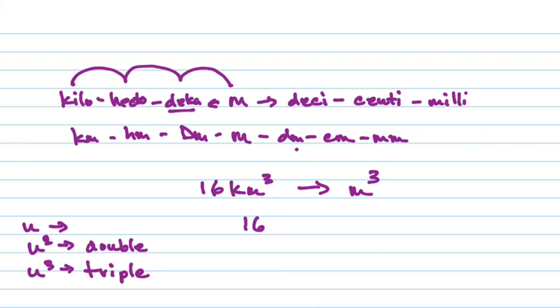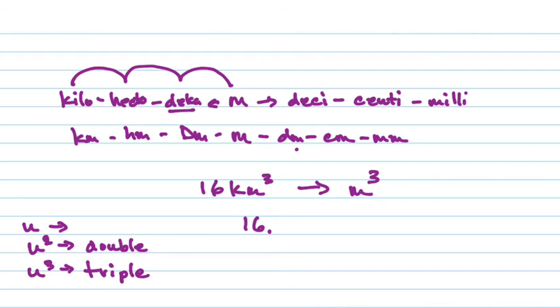Where is the decimal in 16? At the end. And I'm moving to the right, and it would be 3 jumps if it was plain old units. It would be 6 jumps if it was squared, or 9 jumps if it's cubed.